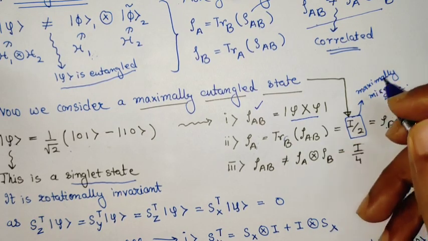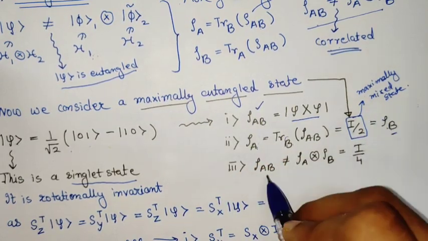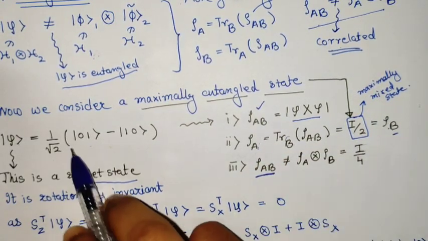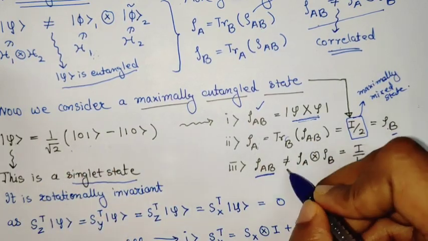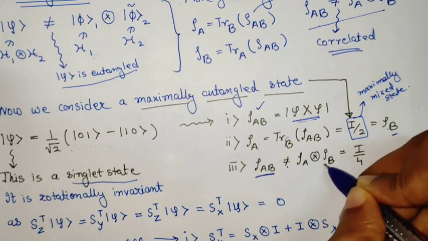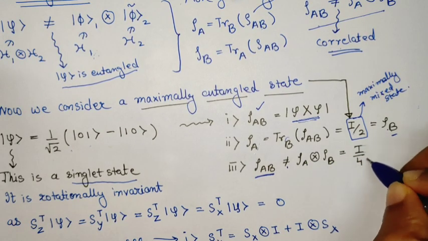This is what we call maximally entangled states, because rho AB, where psi is this, can't be factored into this, which is exactly identity by 4 in a Hilbert space of dimension 4.